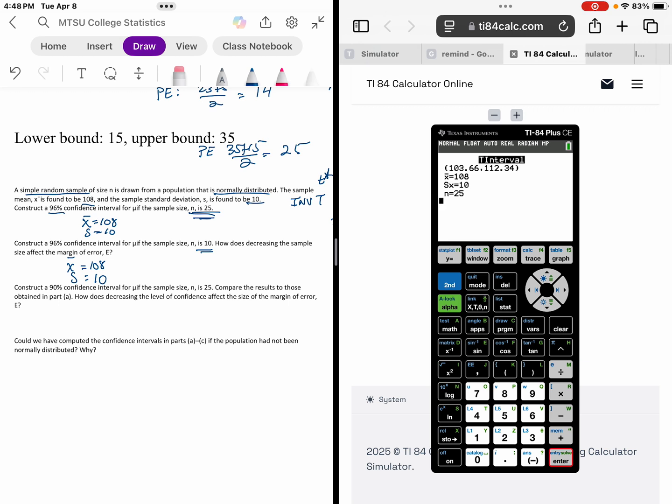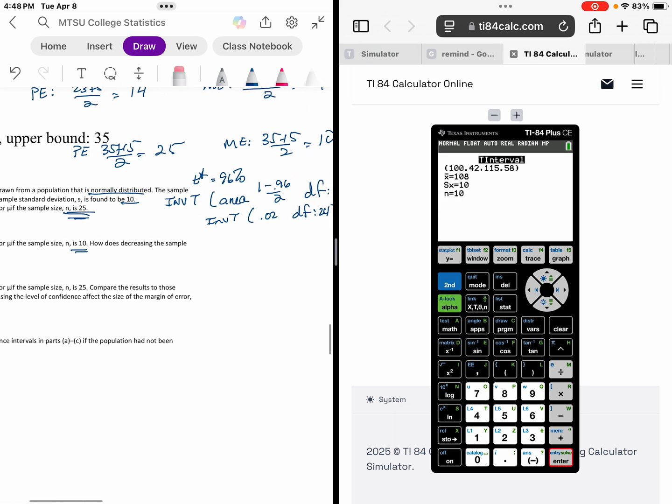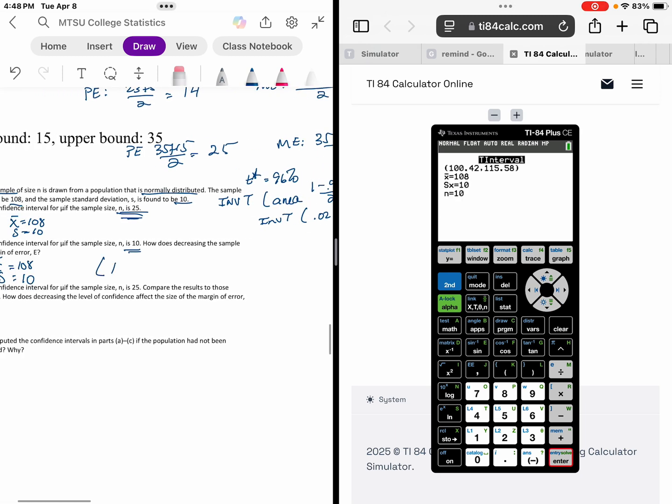So let's use our calculator. Stats over to test, down to t interval. And again, I'm using stats. The only thing I need to change here is the sample size to 10. And my interval is 100.42 to 115.58.